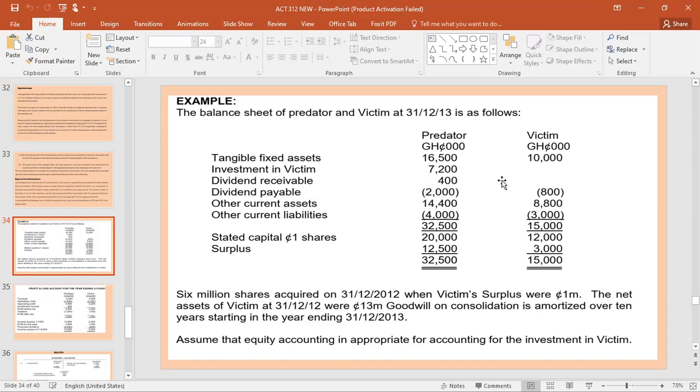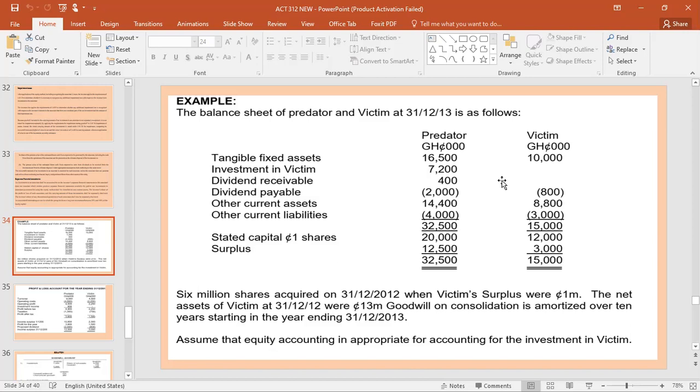So we can assume that victim has 12,000 shares. If Predator bought 6 million shares of the 12,000 shares, then to know the percentage holding, you divide the 6 million by the 12,000 shares, multiply by 100, and you get 50%. So we can confidently say that victim is an associate of Predator because Predator holds 50% in victim.